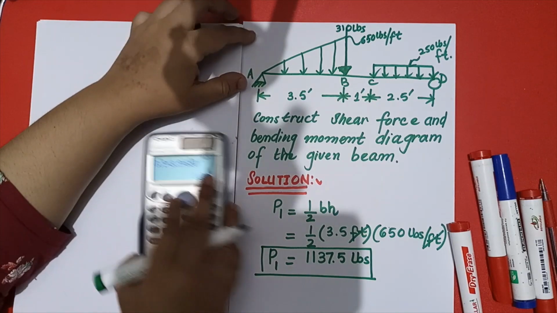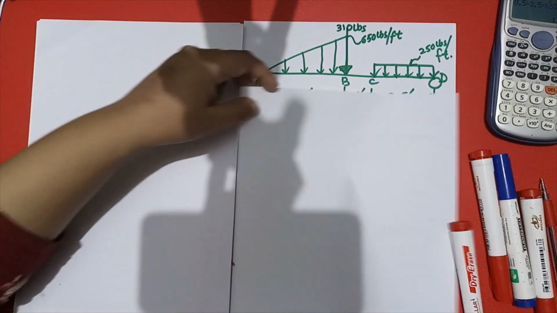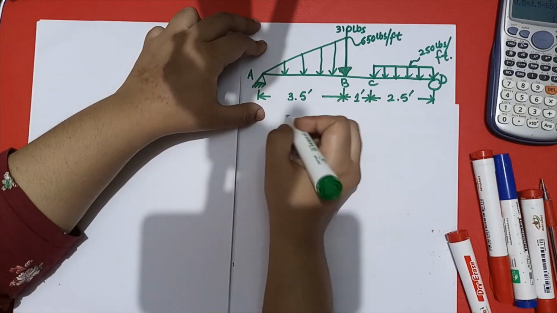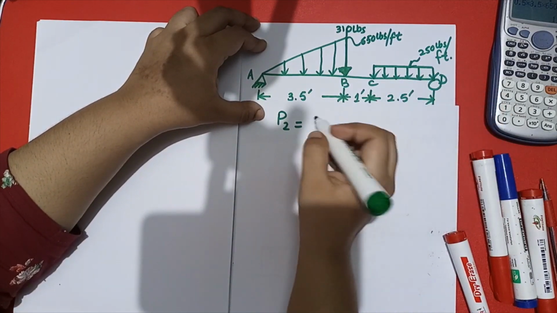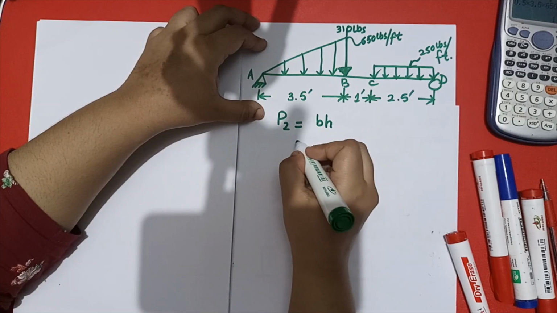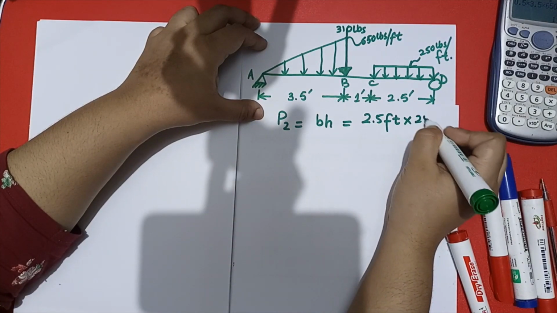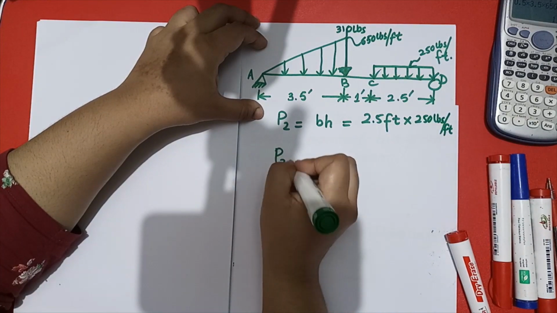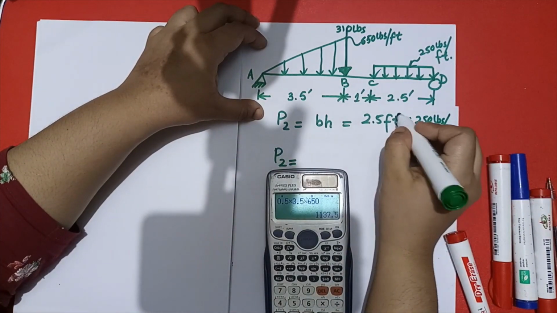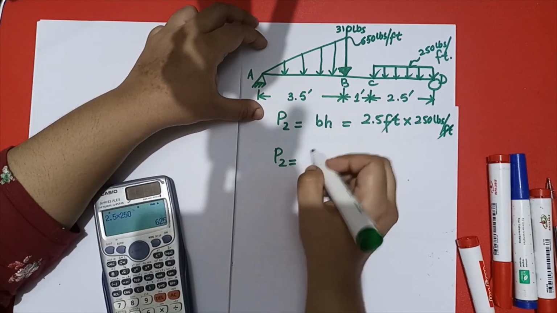Now I have to convert the uniformly distributed load into a point load. I am taking it as P2, which is breadth into height, so 2.5 feet into 250 pounds per foot. The feet cancel out and it is 2.5 into 250, which comes out to be 625 pounds.